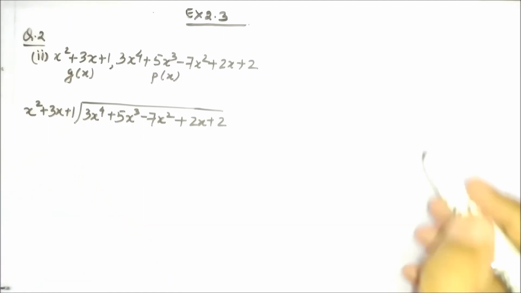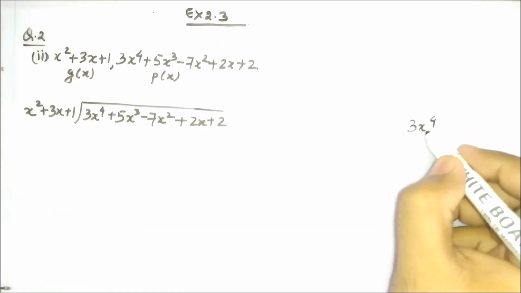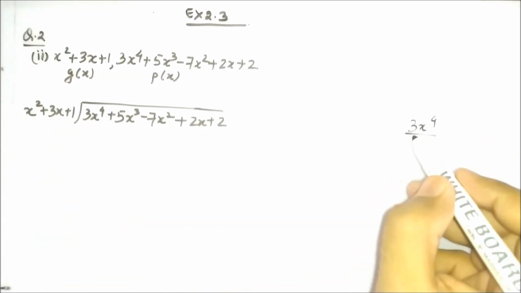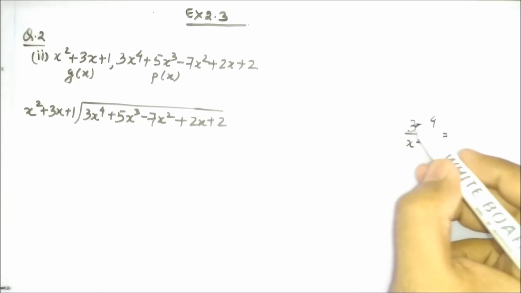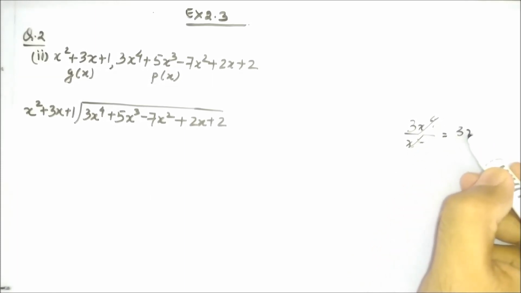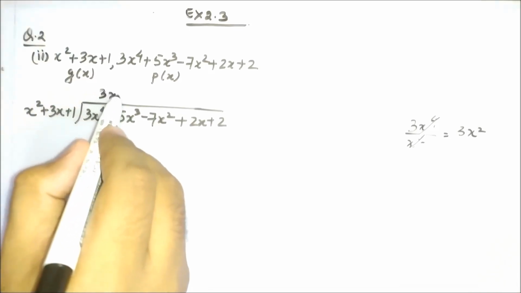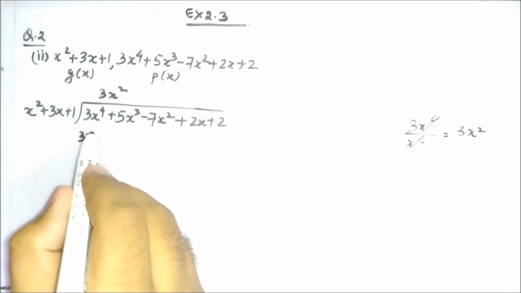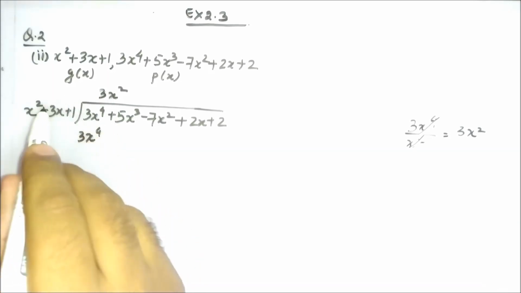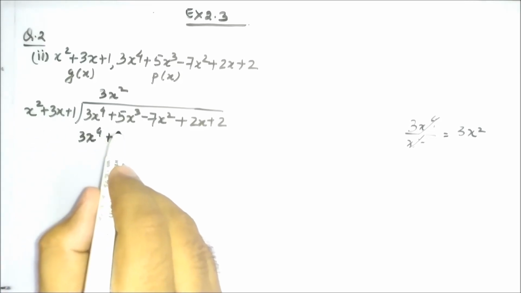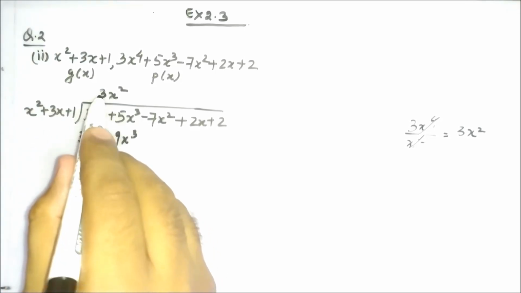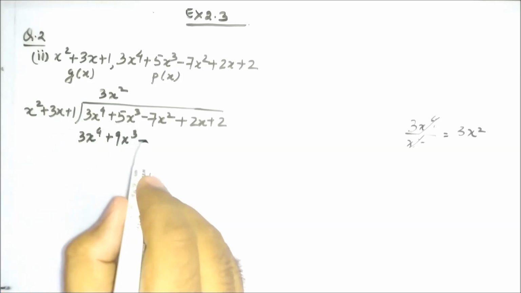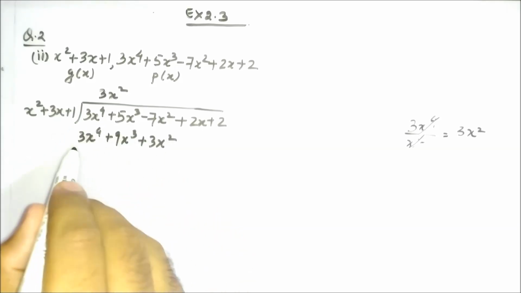The first term is 3x power 4, and here in the divisor we have first term as x square. So when you divide this, you will get 3x square here. So put this 3x square in the quotient. 3x square into x square will give you 3x power 4. 3x square into plus 3x will give you plus 9x cube. 3x square into plus 1 will give you plus 3x square, like this.